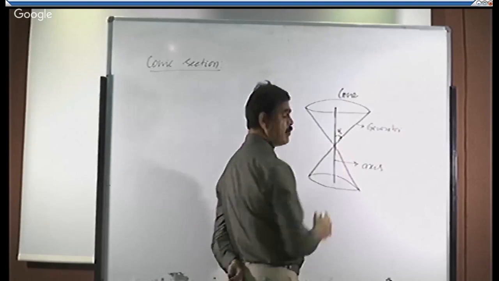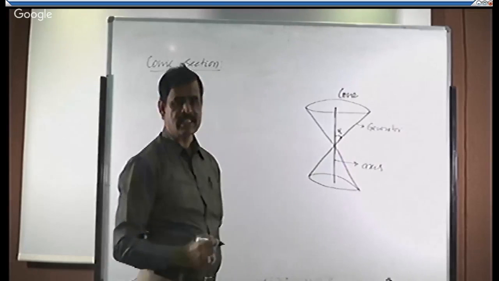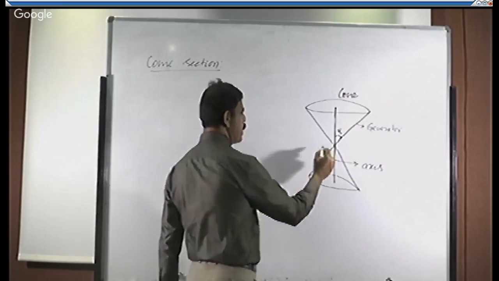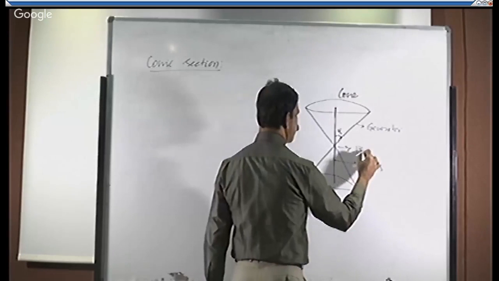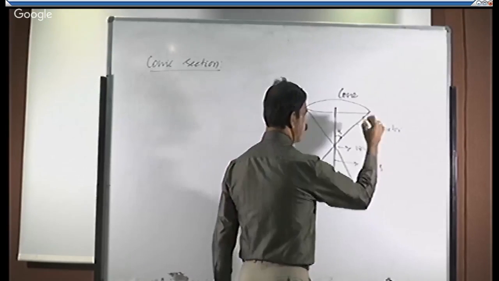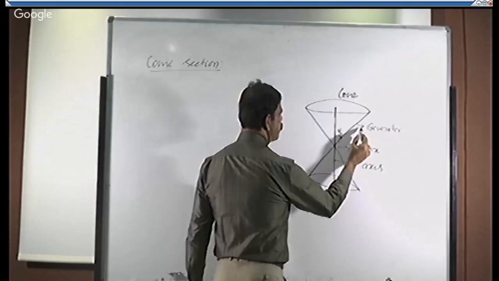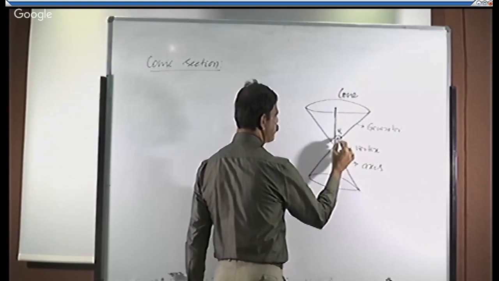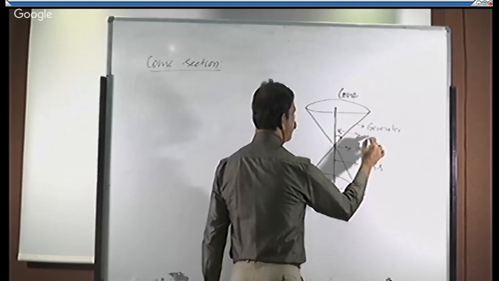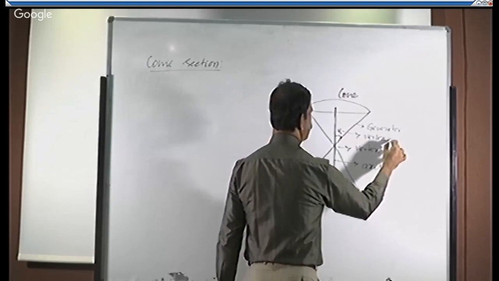The point at which the axis and the generator meet will be called the vertex. The angle between the generator and the axis will be called the vertex angle.